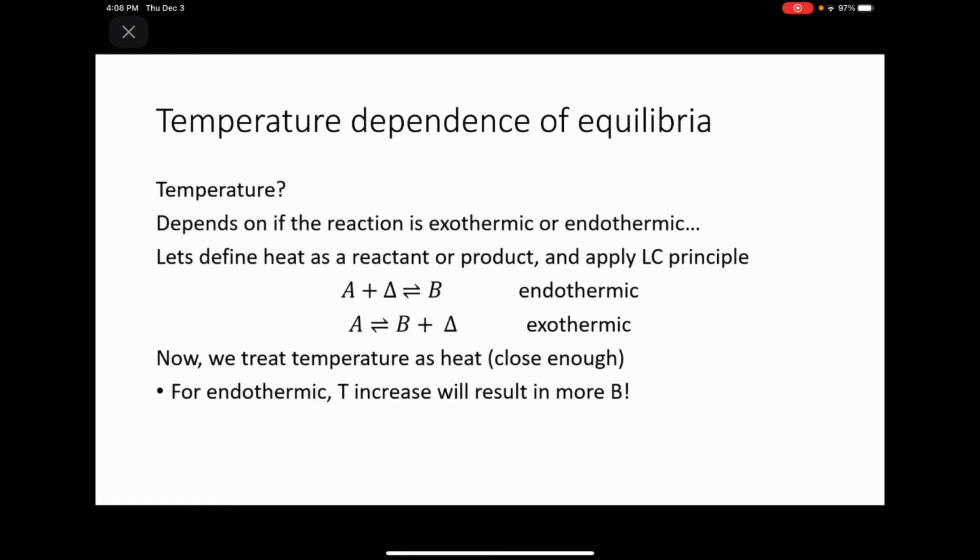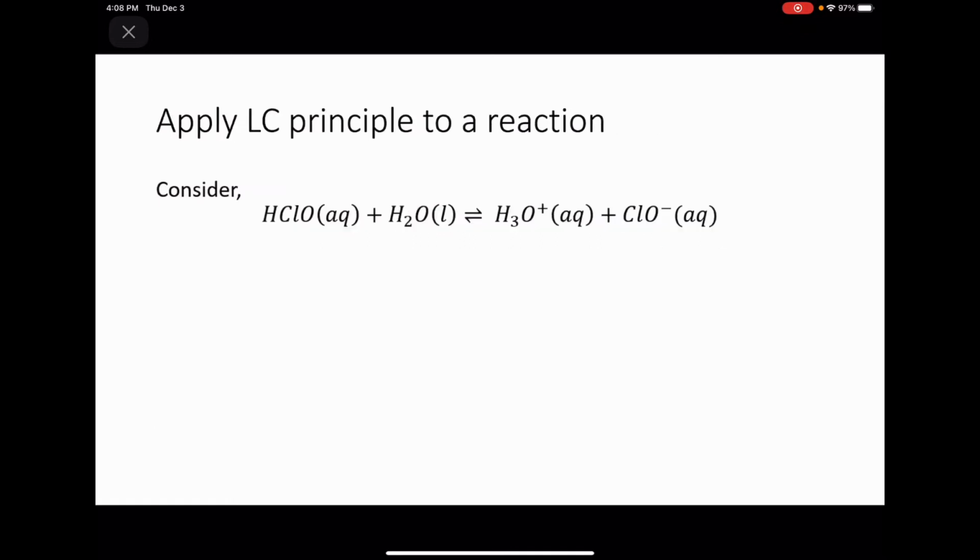We're going to generate more product, so it will result in more B. If we increase temperature for an exothermic process, it's like adding a product, and we're going to push the equilibrium back towards A. So we'll result in more reactants. So that's what the temperature dependence is. It depends on whether we're exothermic or endothermic. So for any of our processes, we'd have to know the delta H of reaction of that particular reaction.